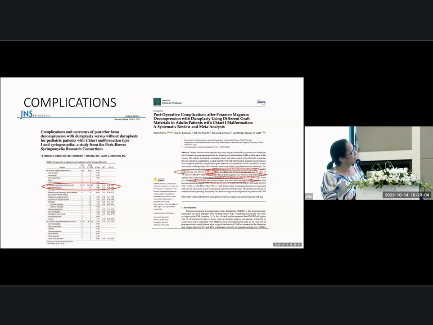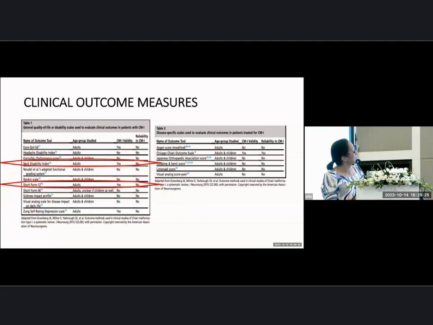The postoperative complications after using autologous versus synthetic, the pseudomeningocele and the CSF leak were obviously an issue, but they did find in this article that the risk of pseudomeningocele and CSF leak were much lower in using autologous duroplasty. And again, the clinical outcomes, the measurement of such are really controversial as to what's the most reliable and reproducible. There's still no consensus.